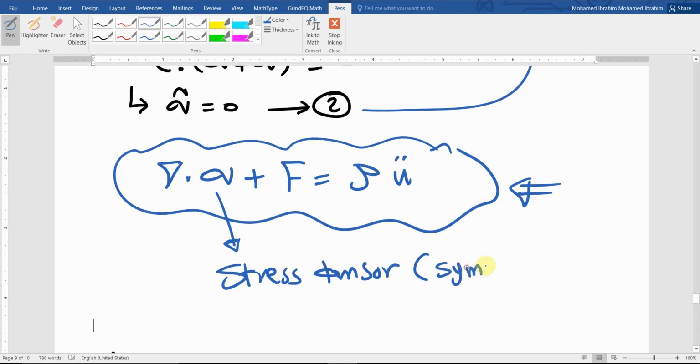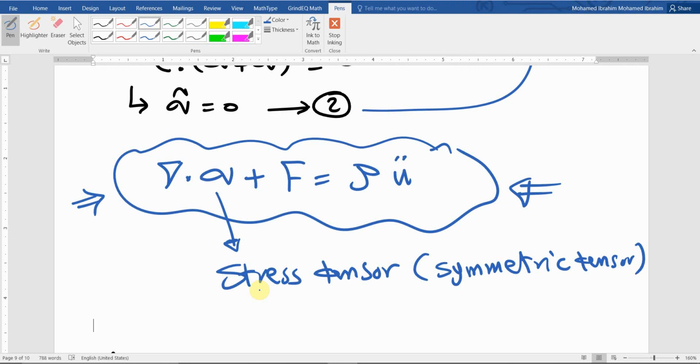This is again the equation of motion that we're going to use for continuum mechanics, which depends on a stress tensor. One of the characteristics of the stress tensor in classical mechanics is that it is a symmetric tensor. But you should understand that generally the stress tensor is a general tensor that should have 9 independent components.